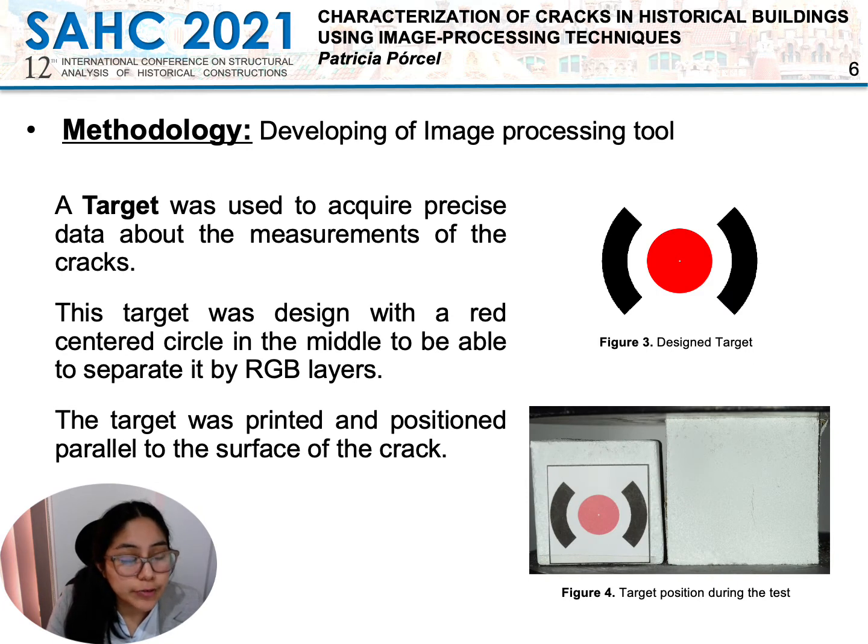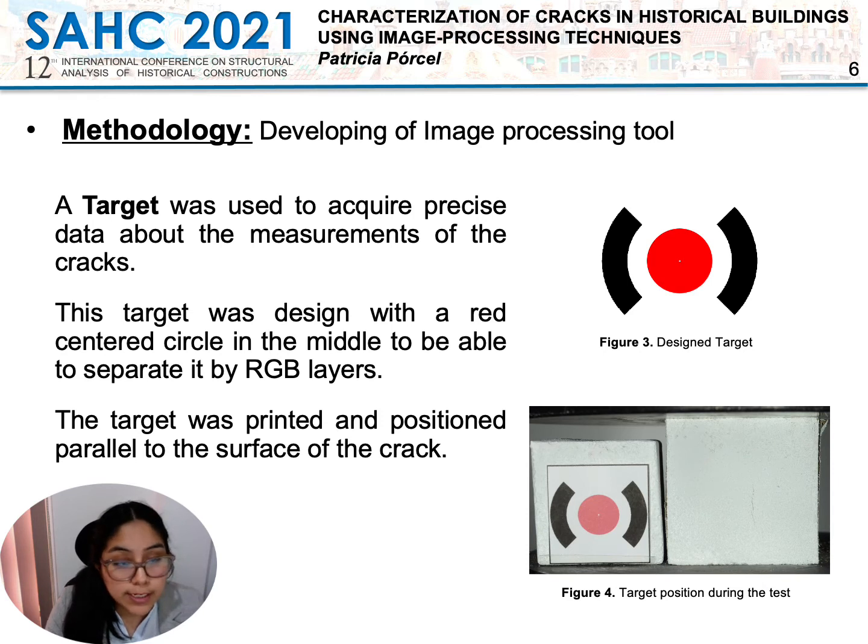For this research, we also designed a target that was used to acquire precise measurement data of the crack, meaning this target allowed us to correlate its known measurements to the measurements of the pixels in a crack. With this data, we were able to get the area, width and height of the crack.